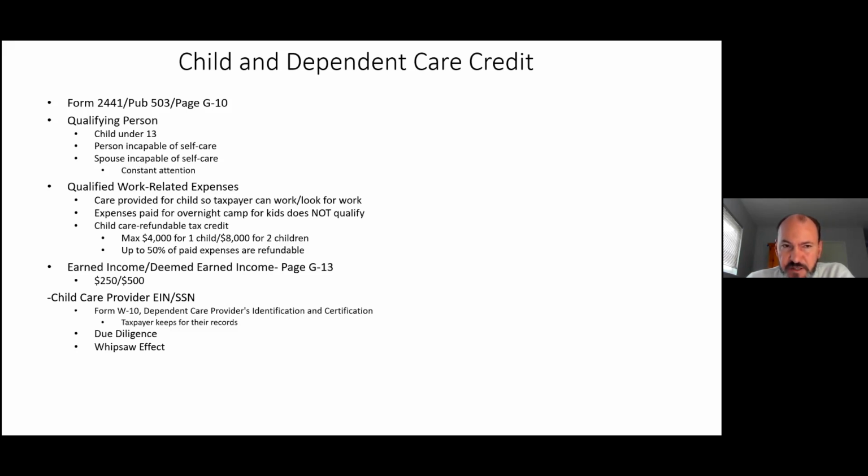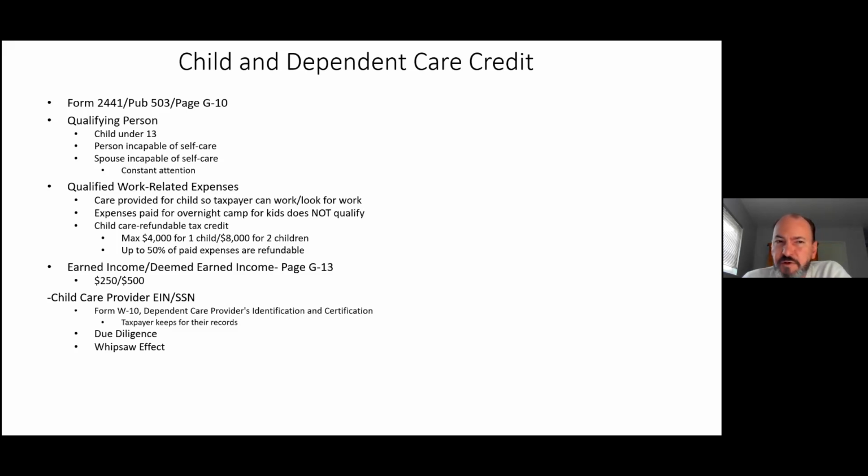And this particular credit for children, the children have to be under 13 years of age. So what that means is, when they reach 13, even though you're paying expenses for someone to watch that 13 or 14-year-old kid, they're not part of what are called qualified work-related expenses. And so again, that age 13, that's the drop-off point.